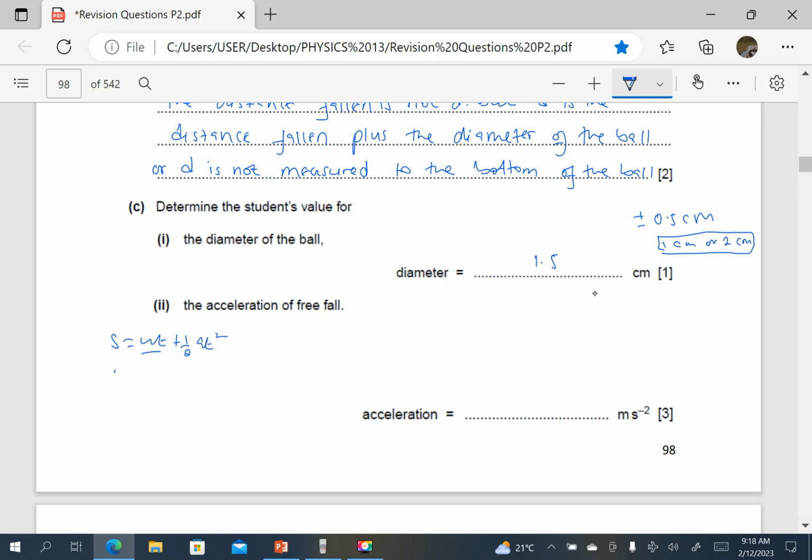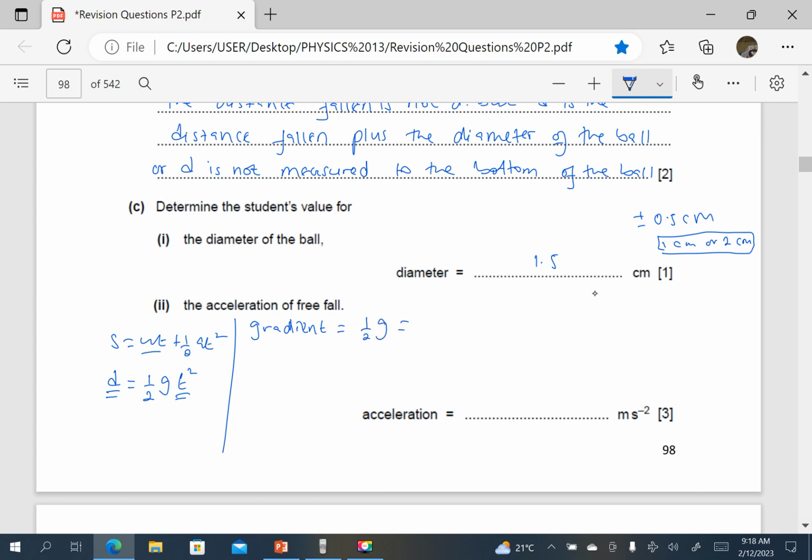So where there is s, I'm putting d, equals a half, where there is a, I'm putting g, then t squared. So it is a graph of d against t squared, and we see that the gradient is going to be a half g. And what is the gradient?